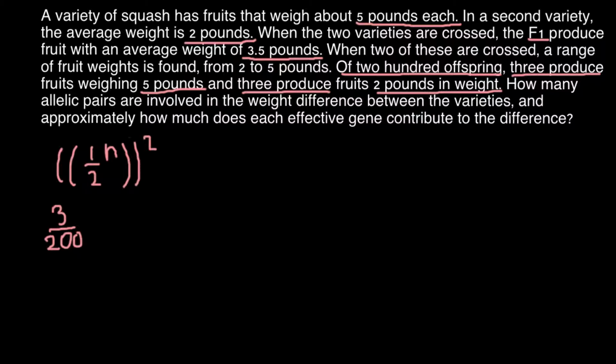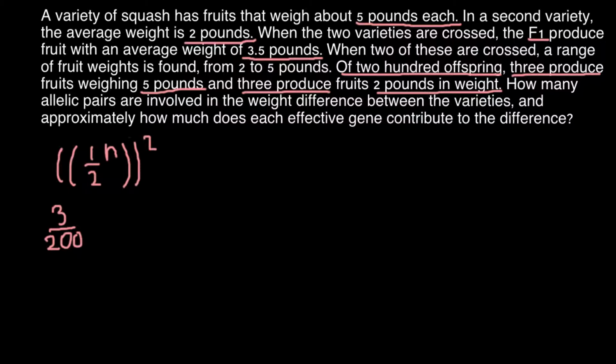We don't say that we have 6 extreme phenotypes. This is true, but we only take one extreme phenotype, whether the one that produces the biggest fruits or the one that produces the smallest fruits. So here in our calculations we have not 6 over 200 but only 3 over 200.